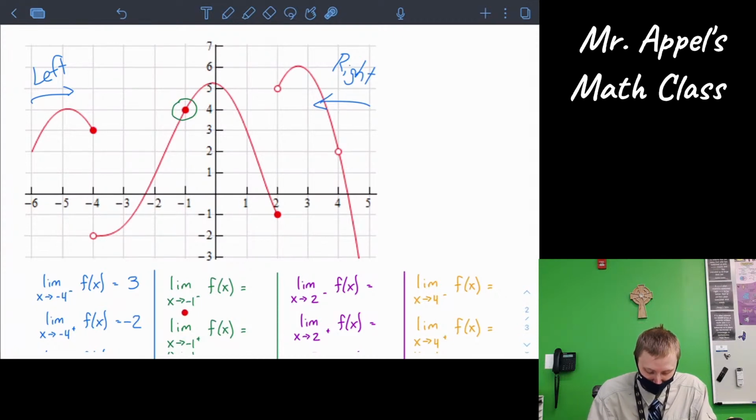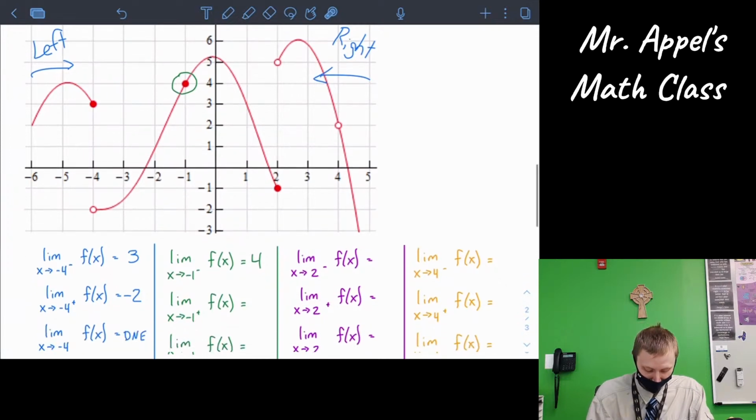What is the limit as x approaches -1 from the left side of the function? So to the left of that, get to my curve, approach -1, I end up at 4. What is the limit as x approaches -1 from the right side of the function? -1 to the right side, find my function, follow it back to -1, I end up at 4 again.